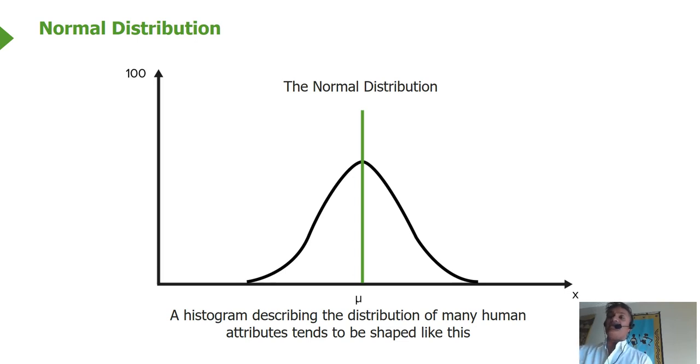Why do we care about this? Because every human characteristic can be in some way described by the normal distribution. That's not to say that if I took the IQ of every person in the world and plotted them here, it would look like this.